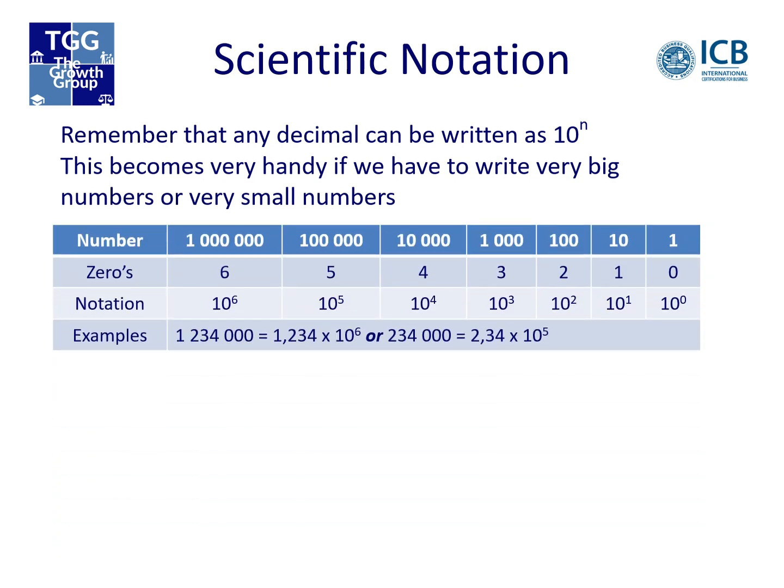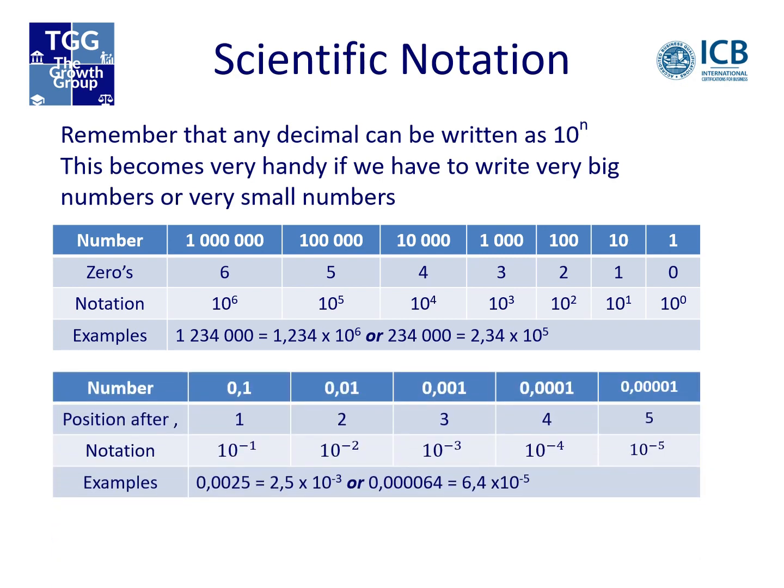So if we have a number like a million, it's got 6 zeros, and so when we write it as notation, it will be 10 to the power 6. 100,000 has 5 zeros, so we write it as 10 to the power 5. 10,000 has 4 zeros, so 10 to the power 4, and so forth.